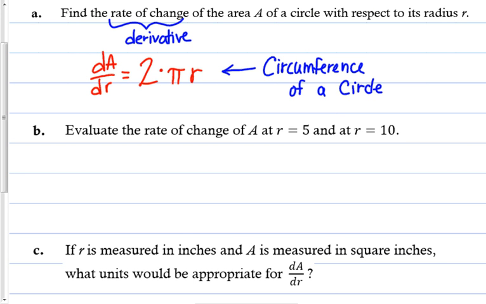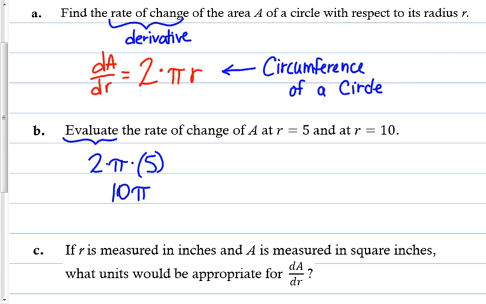Evaluate the rate of change of A at r equals 5 and at r equals 10. Evaluate. That means plug in, basically. I'm going to figure out what the rate of change is at r equals 5, and then I'm going to figure out what the rate of change is at r equals 10. So 2 times pi times 5, which is 10 pi.